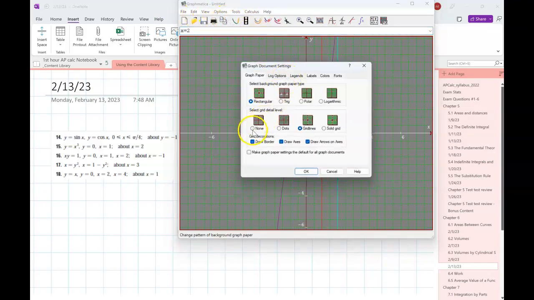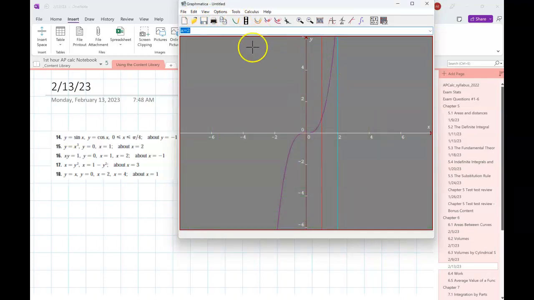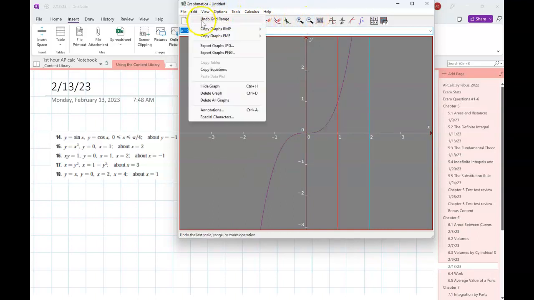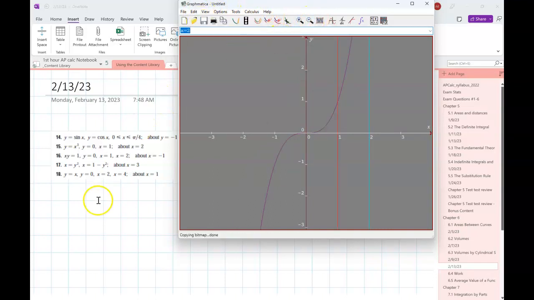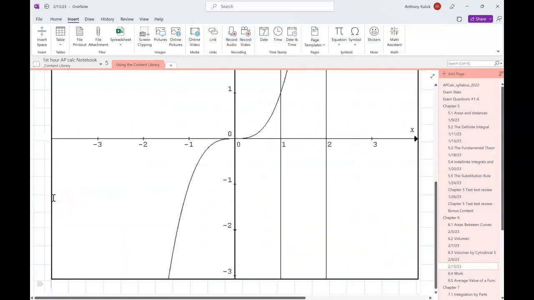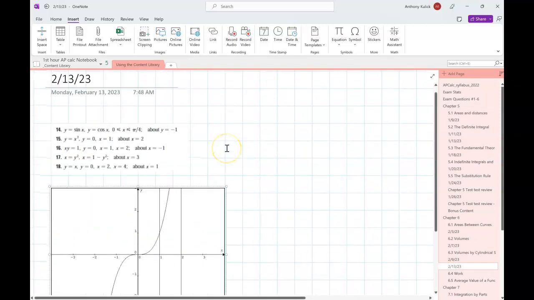Let's get rid of these grid lines because nobody needs those. It's too busy. We'll zoom in just once.